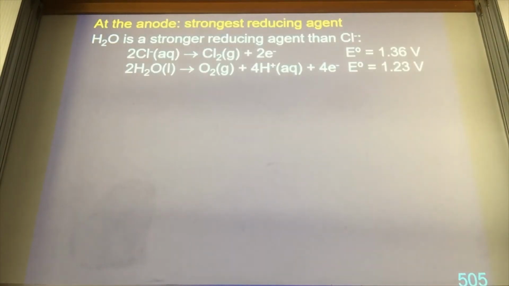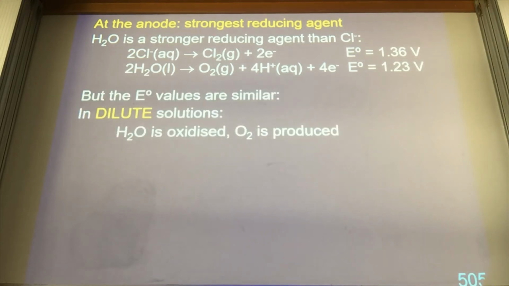At the anode, things are a little bit more complicated. If we've got 1 molar sodium chloride, then we've got standard conditions. The stronger reducing agent is water. Water preferentially gets oxidised.